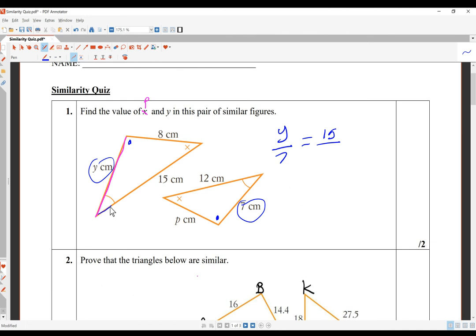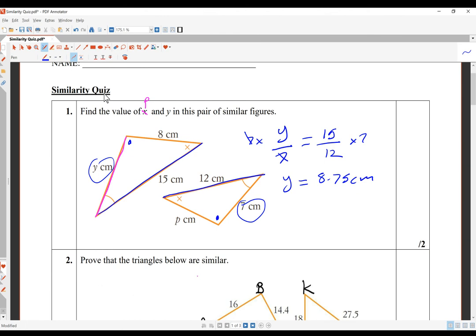If we draw a line for the 15 centimeter side, you can see the arc and the cross sit on that side. So that's why we're using the arc and the cross in the other triangle. We multiply both sides by 7 and that cancels. You get y is equal to 8.75 centimeters.